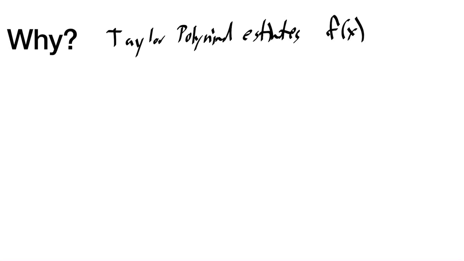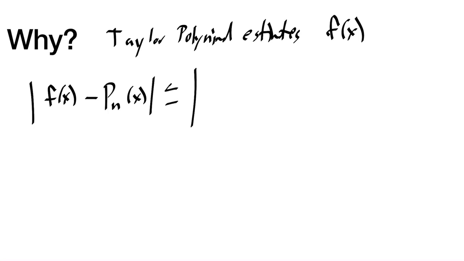And so you could have some function that's hard to work with, like e to the x or log of x or something like that, which those actually aren't that hard, but something that's not as simple as like an x squared or x cubed or x to the fourth. And you could use an x to the fourth equation instead of e to the x, and we would know how accurate that equation is, because we would know that f of x minus whatever that polynomial is less than or equal to that bound that we had over at the right.